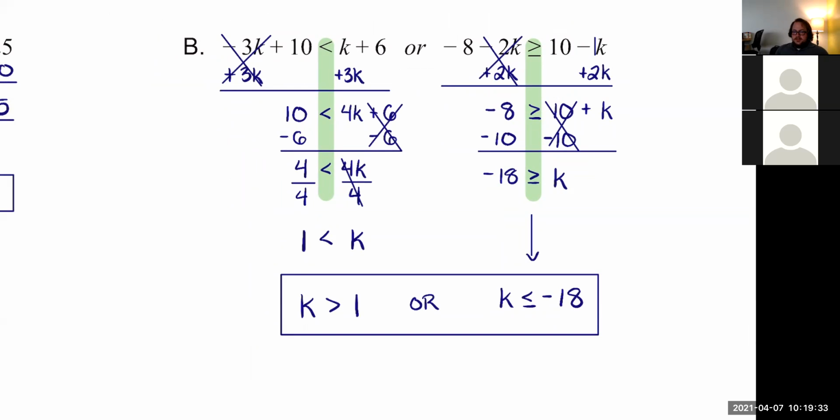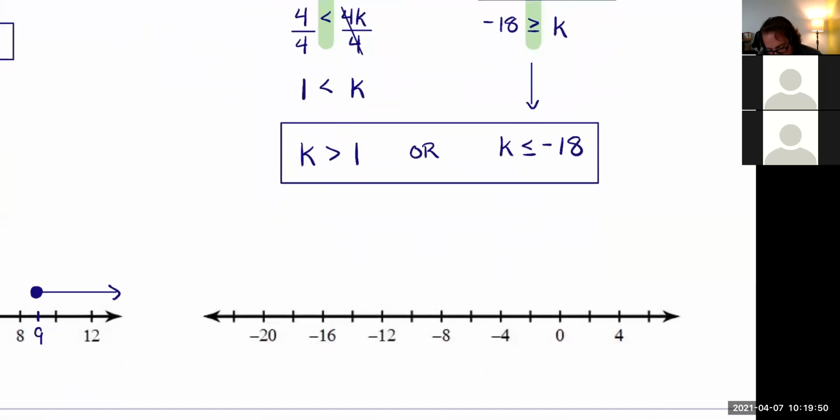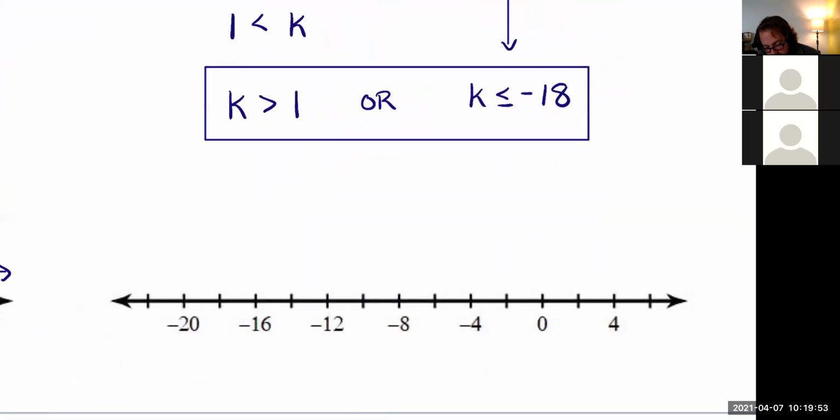So we've come to the conclusion that our set of solutions either has to be greater than positive 1 or less than or equal to negative 18. And because it's the word or, we know that it's going to be 2 separate regions because there's no way to satisfy both. But that's okay because it's the word or.